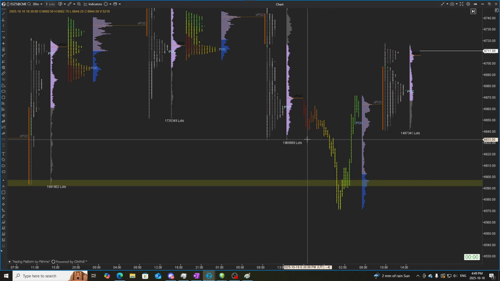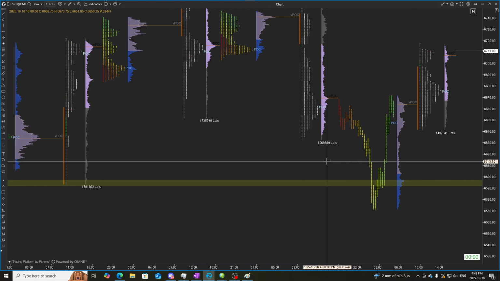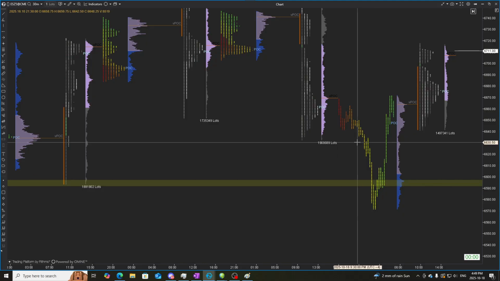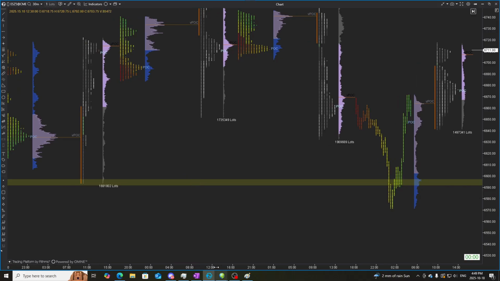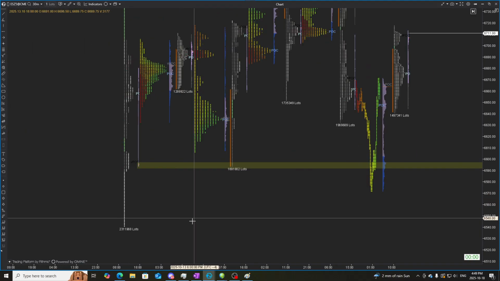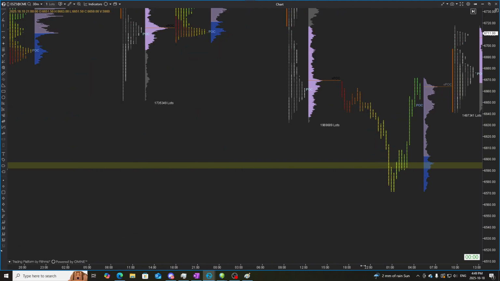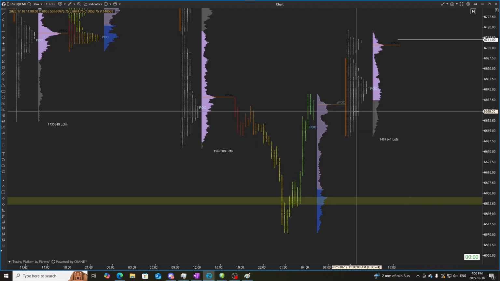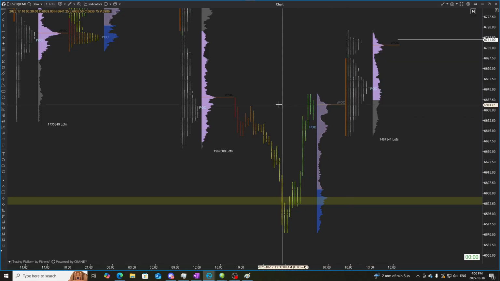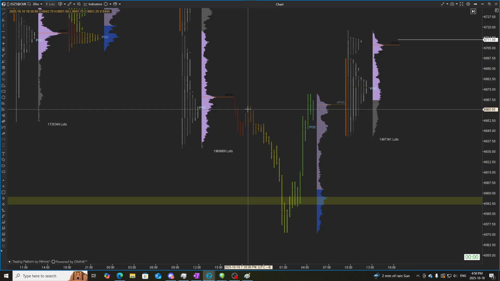If we would have opened imbalanced, either it would have been a gap close, gap fill day, or break of the low of extreme range day. Okay, but as we opened inside, now we'll have to see that overnight has already done the maximum job.